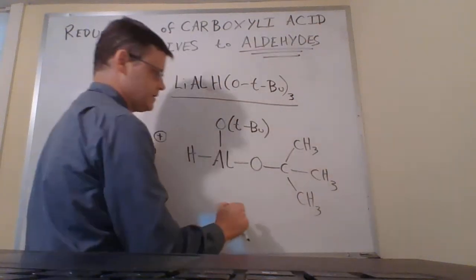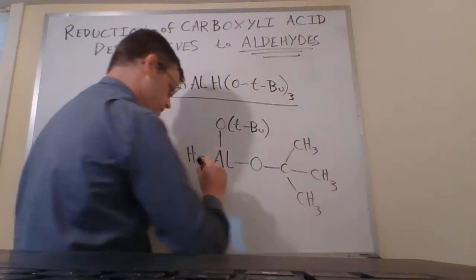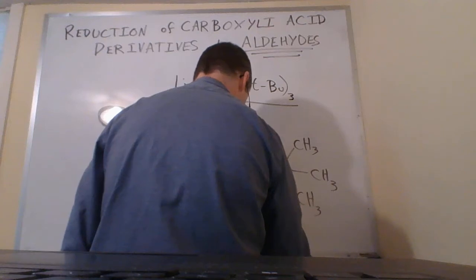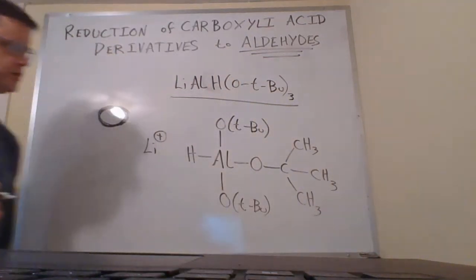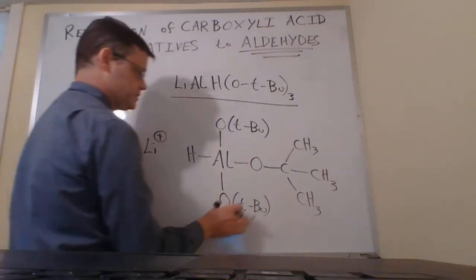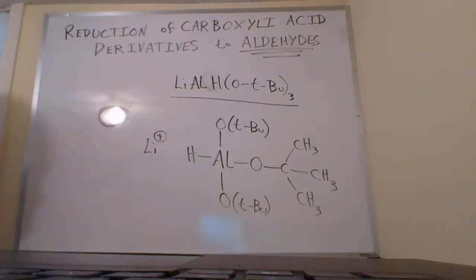This is showing you all the atoms involved in the tert-butoxy group, and we have three of them. So t-Bu is tert-butyl. Having these groups in place of a hydrogen makes this a milder reducing agent, and we typically would use this to convert an acid chloride to an aldehyde.